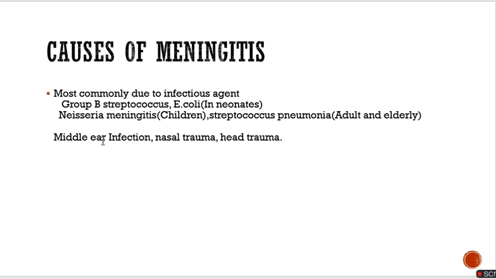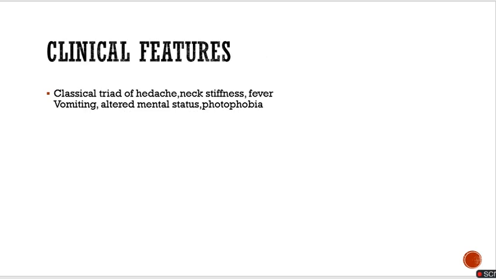So middle ear infection complications can be Bell's palsy, facial palsy, or meningitis. Also nasal trauma, because there is the olfactory bulb that relates with the meningeal layer, so the patient develops meningitis. Or head trauma.